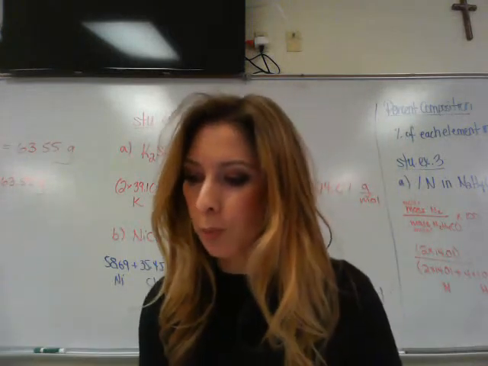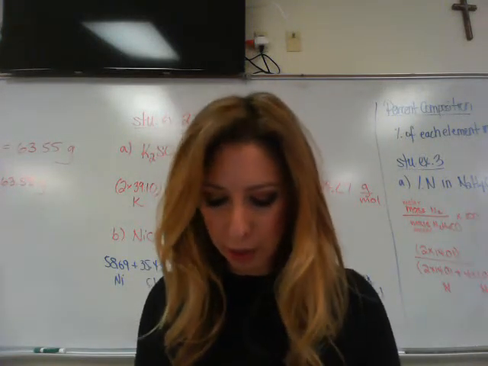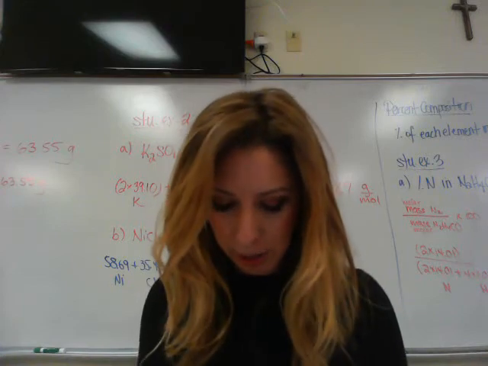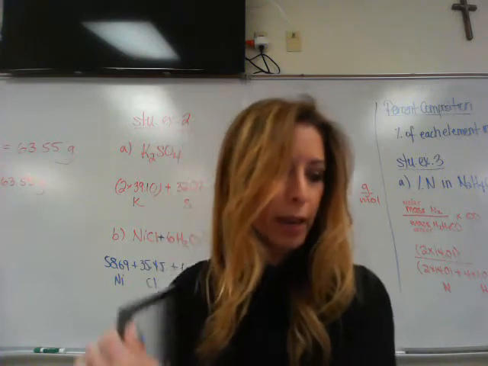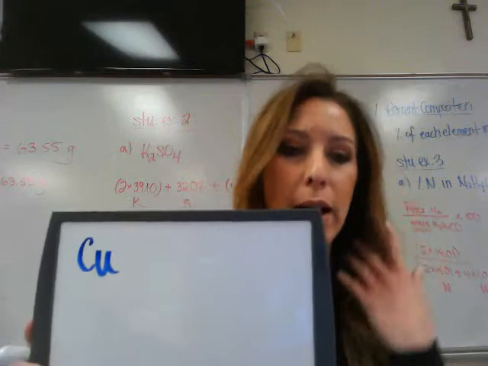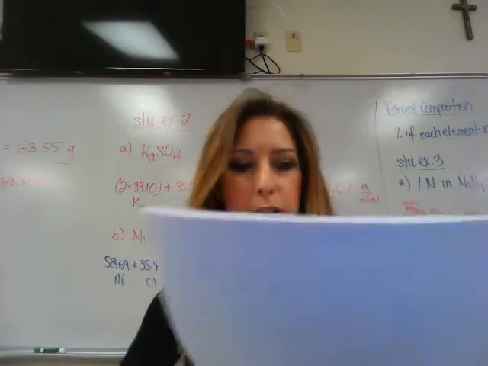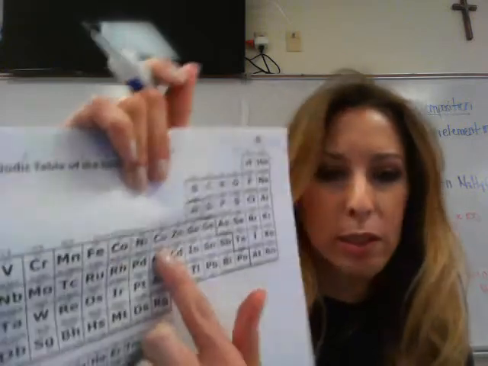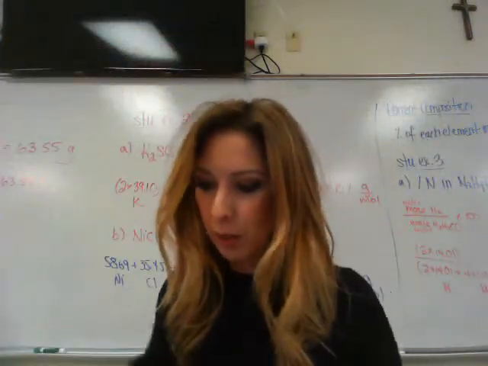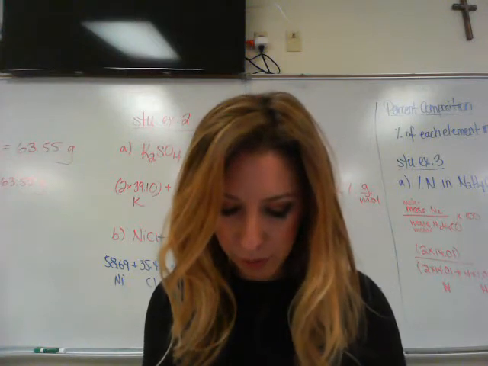Okay? So if I'm looking at student exercise number 1 and I'm looking at copper first, what I want to do is get the molar mass for copper. So in 1 mole of copper, you will see on the periodic table it has a number of 63.546. So that's going to become 63.55.